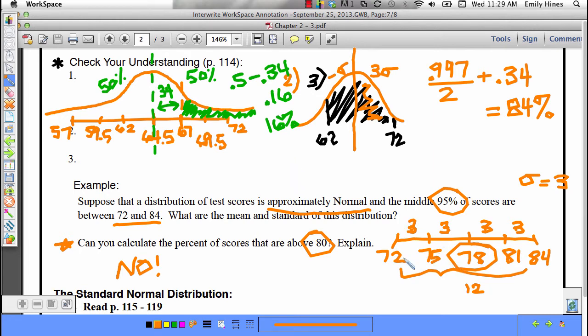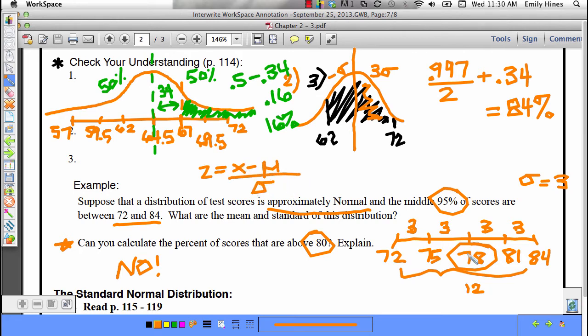First of all, let's talk about the relationships between our z-scores, which we talked about on the block day, and standard deviations. I know that if I take a value and turn it into a z-score, I do that by subtracting the mean and then dividing by the standard deviation.